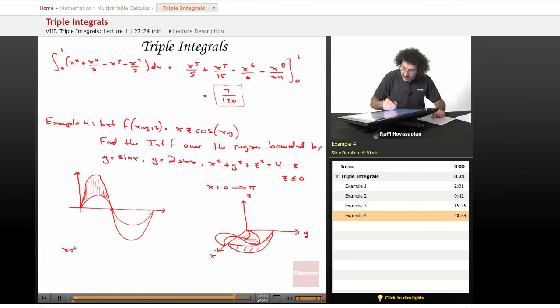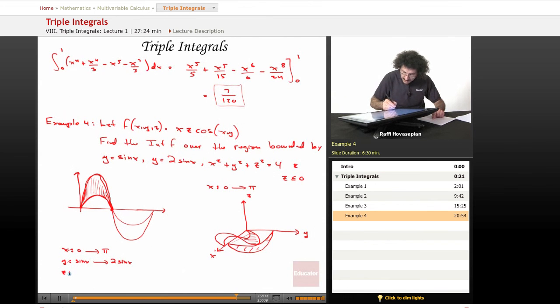So now let's recall what's going where. x, we said, is moving from 0 all the way to pi. y is moving from sine x to 2 sine x, lower and upper.